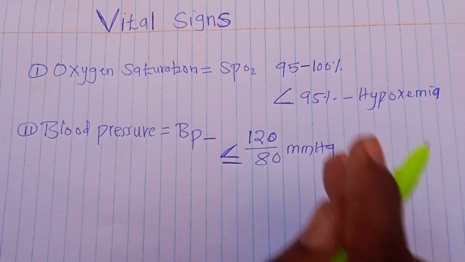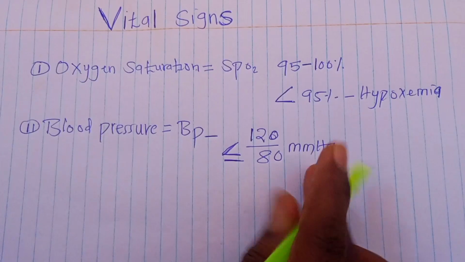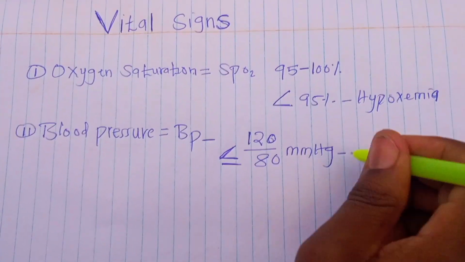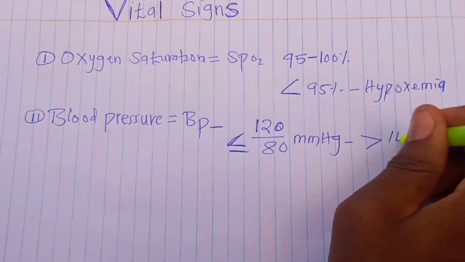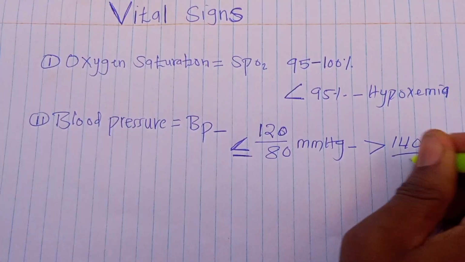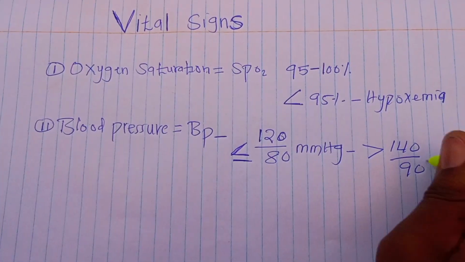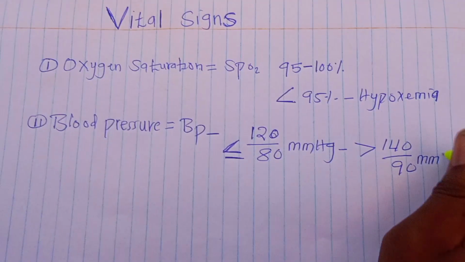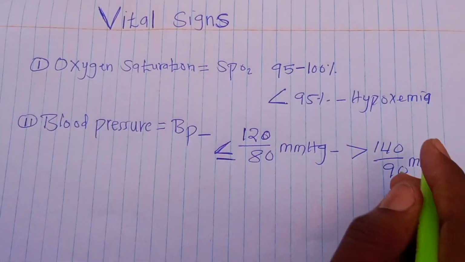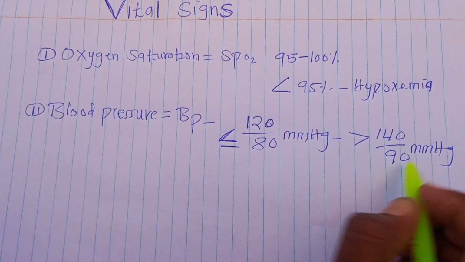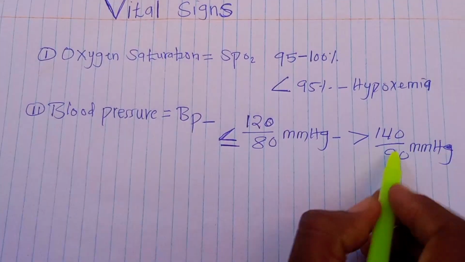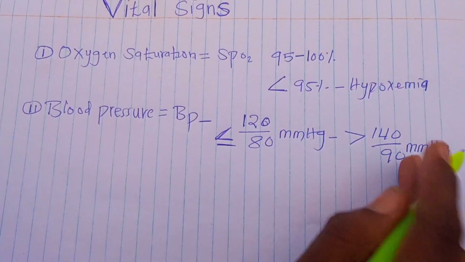So what if it is high? A high blood pressure is considered to be a reading that is greater than 140 over 90 mmHg. So this one can be called a high blood pressure.